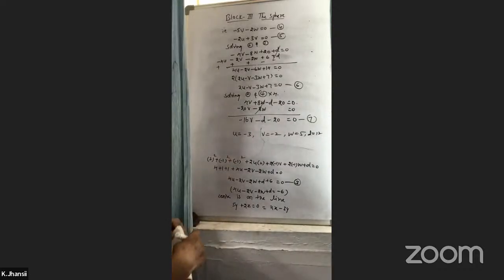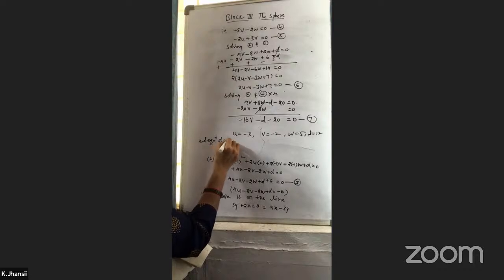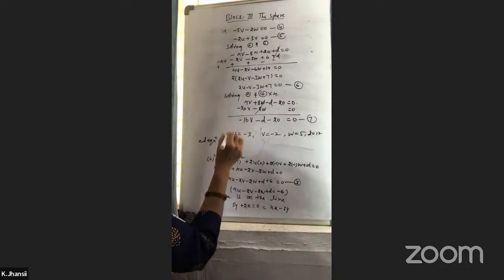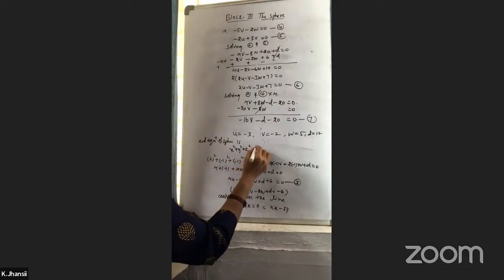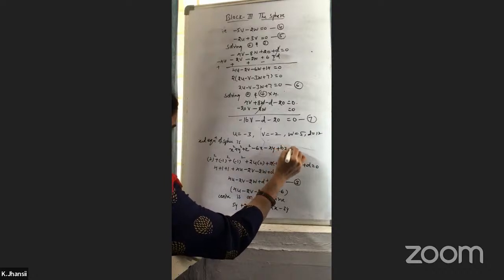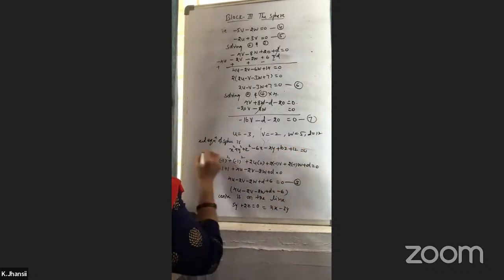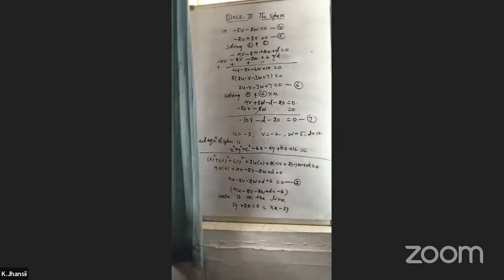And the equation of sphere is x square plus y square plus z square minus 6x minus 4y plus 10z plus 12 is equal to 0. So this equation you will get after solving all these equations. Okay.